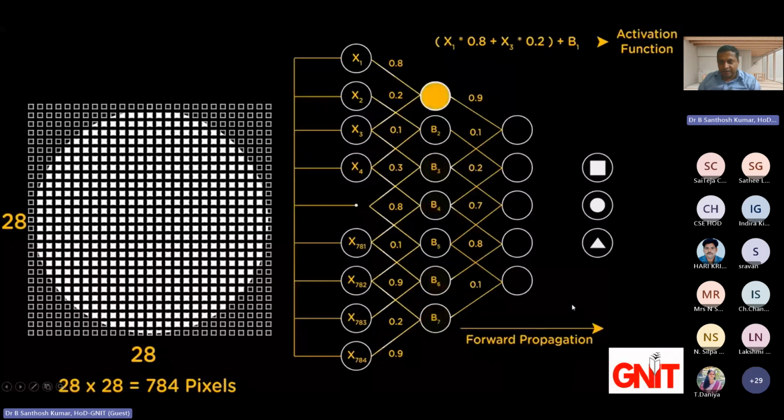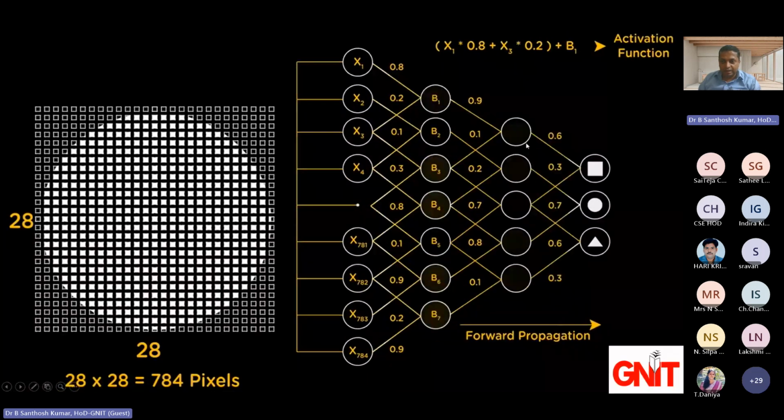In forward propagation, finally I give the input to the final layer and apply the activation function there. Suppose the outcome is a negative value, it will lie between 0 and 0.5. Suppose it is a positive value, it will lie between 0.5 and 1.